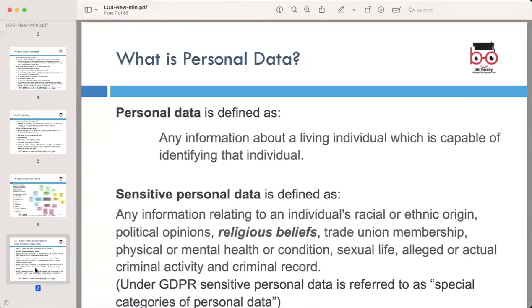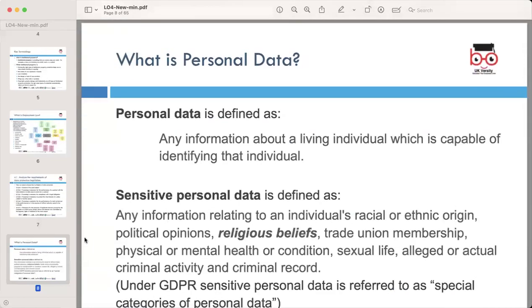What is personal data? Personal data obviously is any information about a living individual that is capable of identifying that person.